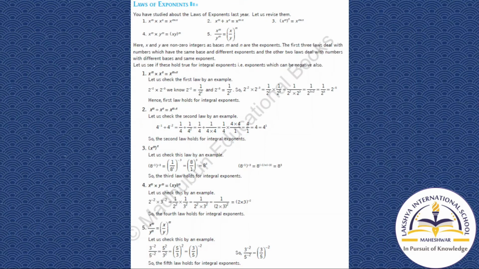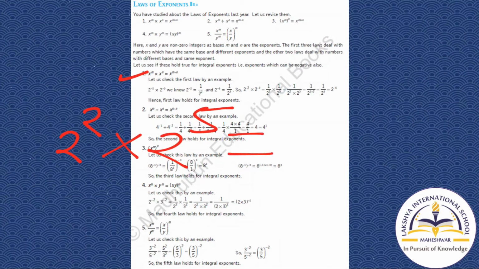Now our next topic is law of exponents. What are the laws of exponents? First law is, in multiplication the powers get added. Now you can see, if we have the question 2 to the power 2 multiplied by 2 to the power 5, here you can see the base is the same, which is 2.